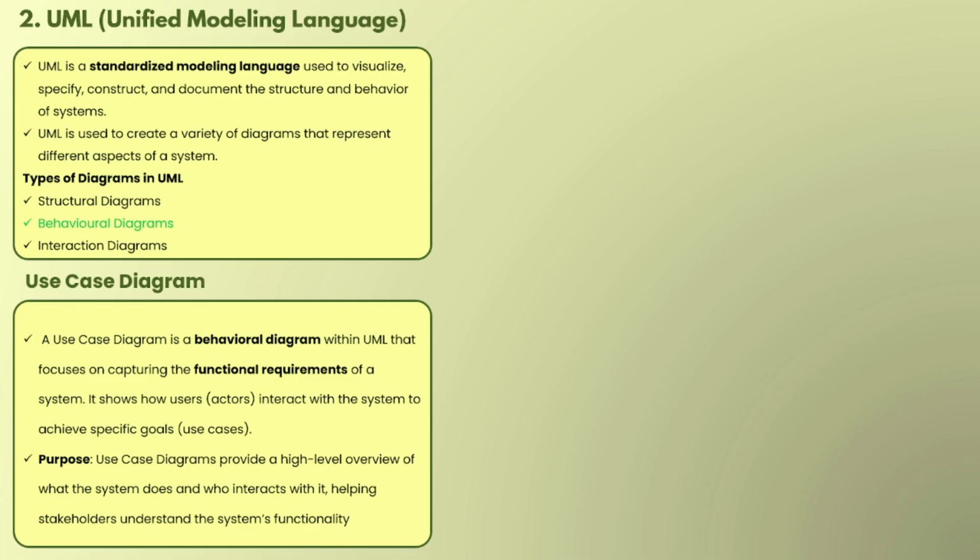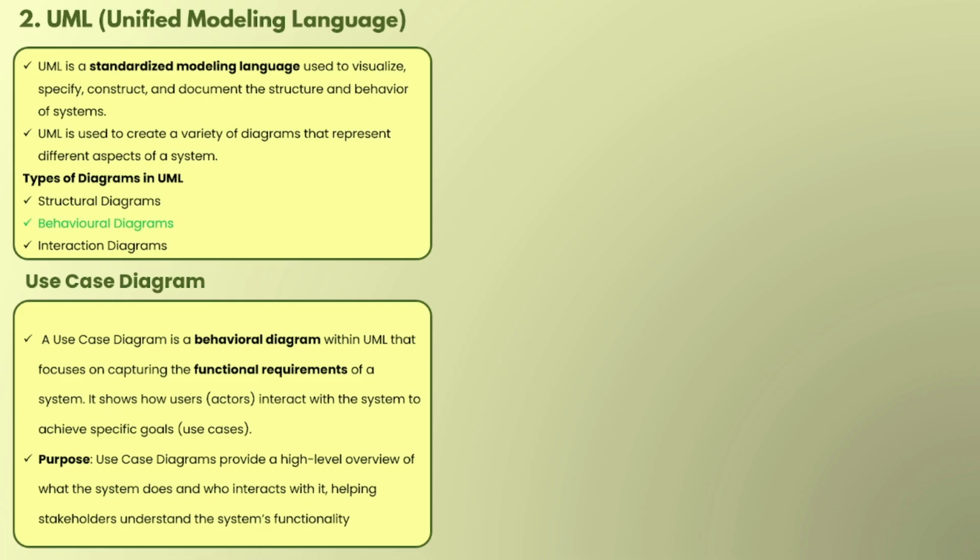These goals are known as use cases. Well, we will go into detail of actors and use cases, no need to worry. In short, it is a simple diagram that shows how users like students, admins or loan officers, or in our case the loan officer or customer, interact with a system.